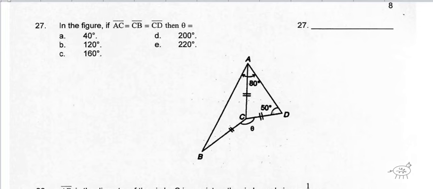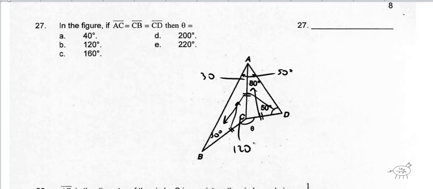And this is an isosceles triangle. So if that's 50, that means that's also 50. So that's 50 degrees, and that means that's 30. And remember, same thing here. If that's 30, that's also 30. So if those two are 30, that's 60.